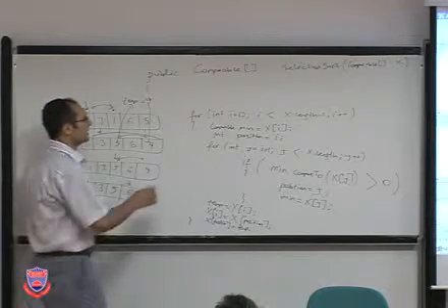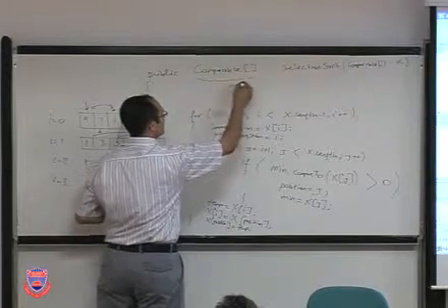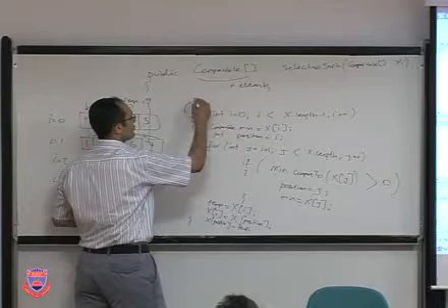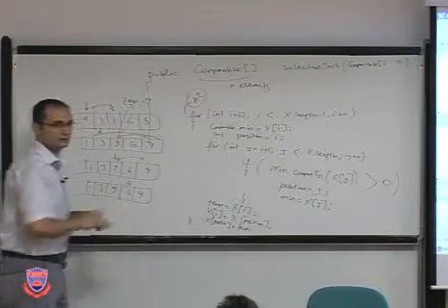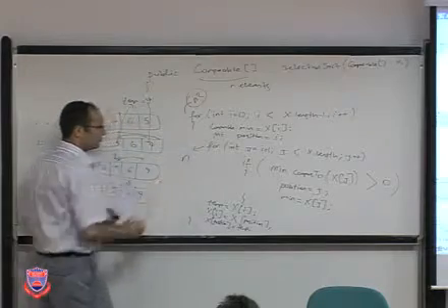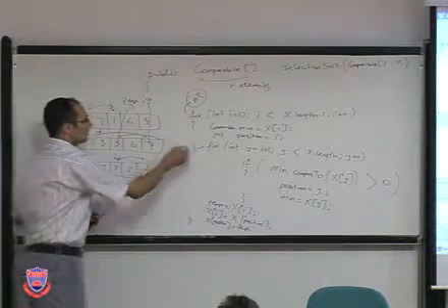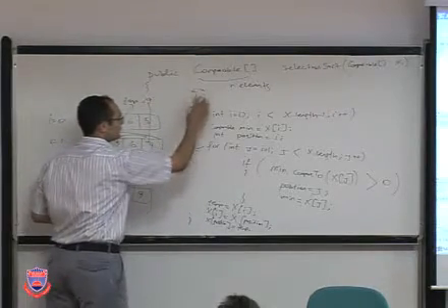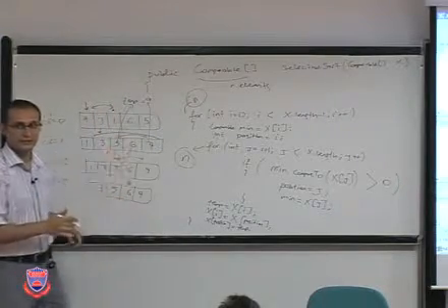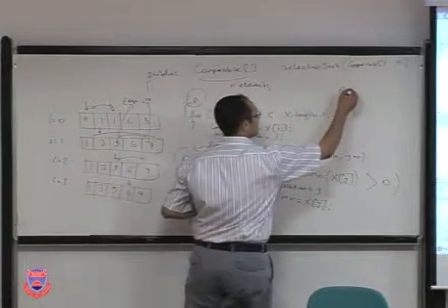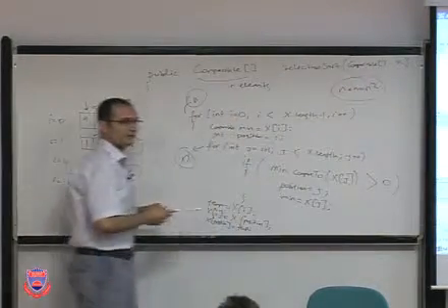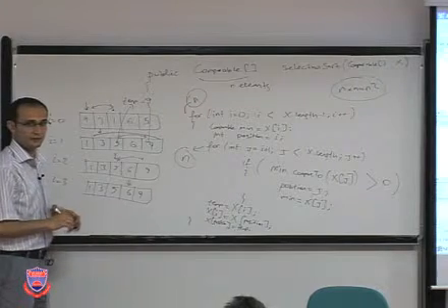If you have n elements in the comparable array, this loop is going to iterate n times, approximately, and this loop is also going to iterate n times, so the whole thing will iterate n times n, which is n square. This shows the complexity of the algorithm that you have written.